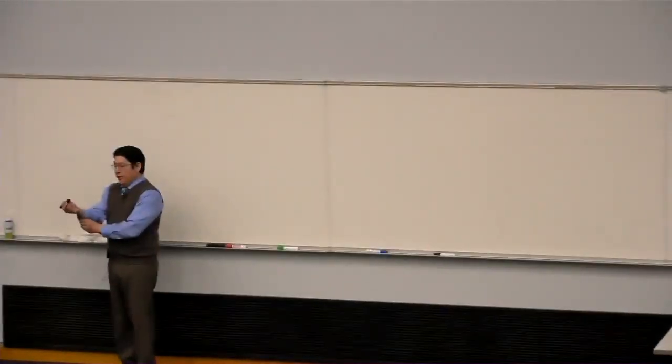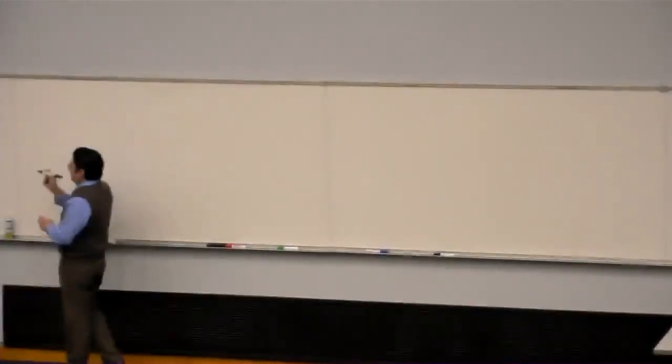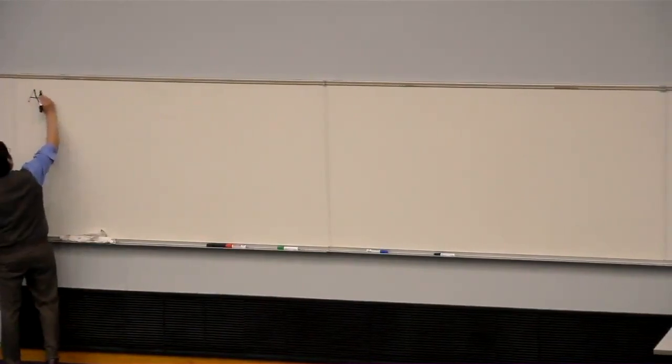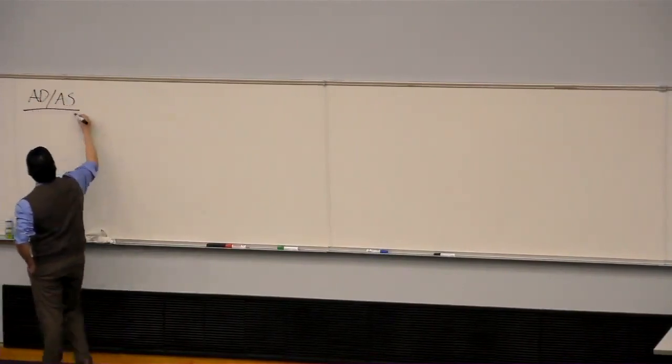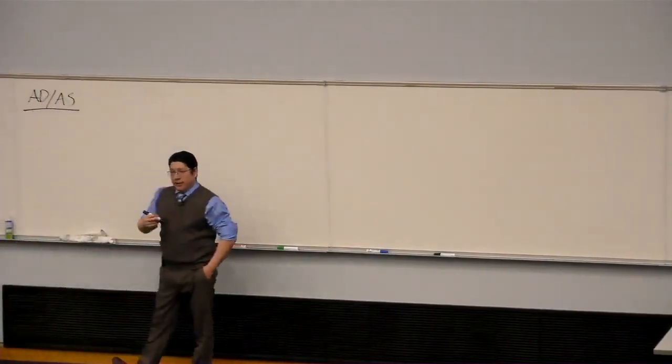Just to remind you of where we are, we're developing our understanding of how macroeconomists tend to think about the business cycle, and we're doing so by developing the model of aggregate demand and aggregate supply. We spent a lot of time talking about aggregate supply.